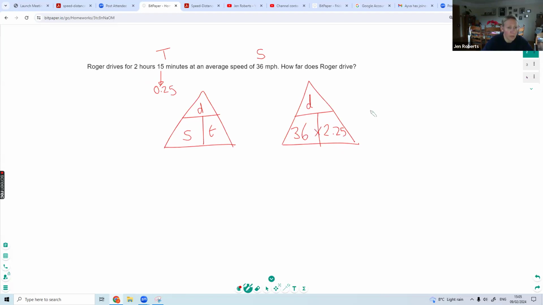We multiply them. So our distance equals 36 times 2.25, which gives you 81. Let's just look at our units here. It's miles per hour, it's a distance, so this has to be miles. So that's for a missing distance.